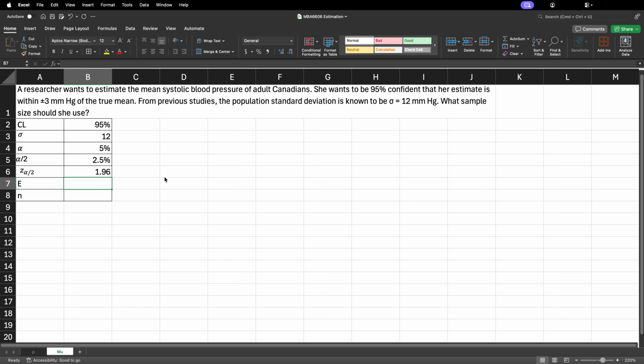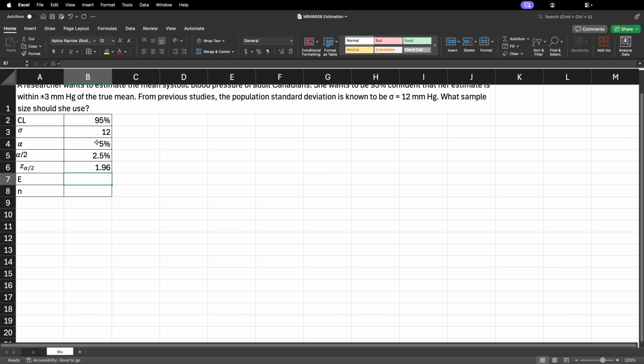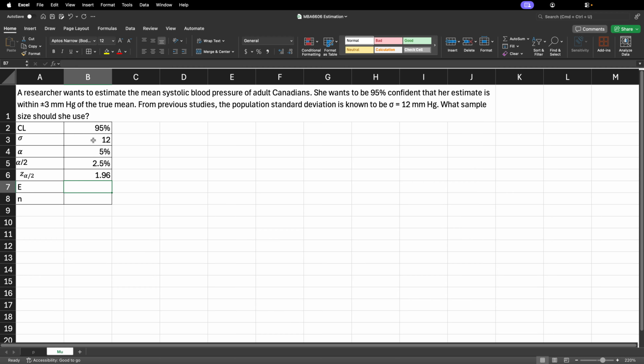Now, what will be the margin of error, which is z times standard error? We know the population standard deviation is given to us as 12. We will divide it by the square root of the sample size, and we need to determine the sample size.